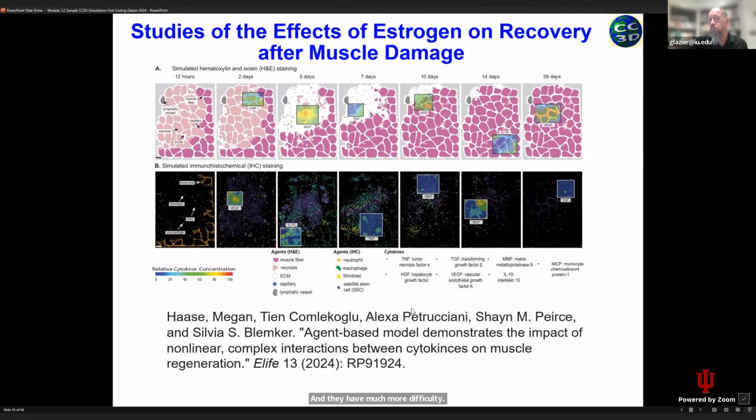And so she's been doing really beautiful work trying to understand in detail how aging and estrogen levels affect recovery after injury in muscle. She's, I hope, going to talk to us about that later in the week. That's brand new. That paper just came out a few weeks ago in eLife.